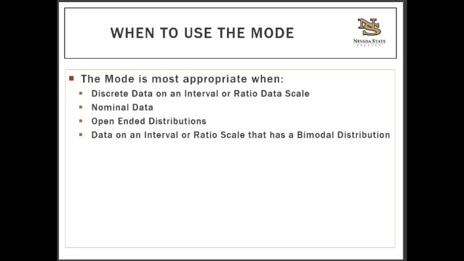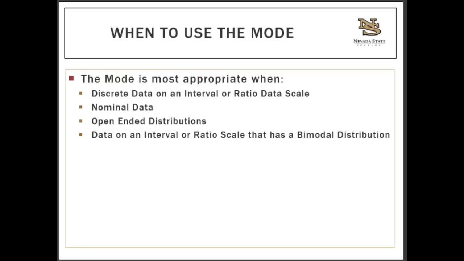If you think about nominal data, like for instance class major, you can't put major into a meaningful order, so the midpoint, the median, would make no sense. The values aren't numeric in nature, so you can't calculate a sum of x to figure out the mean, so we would use the mode. You could say the most frequent major among all students in Psych 210 is psychology, for instance.